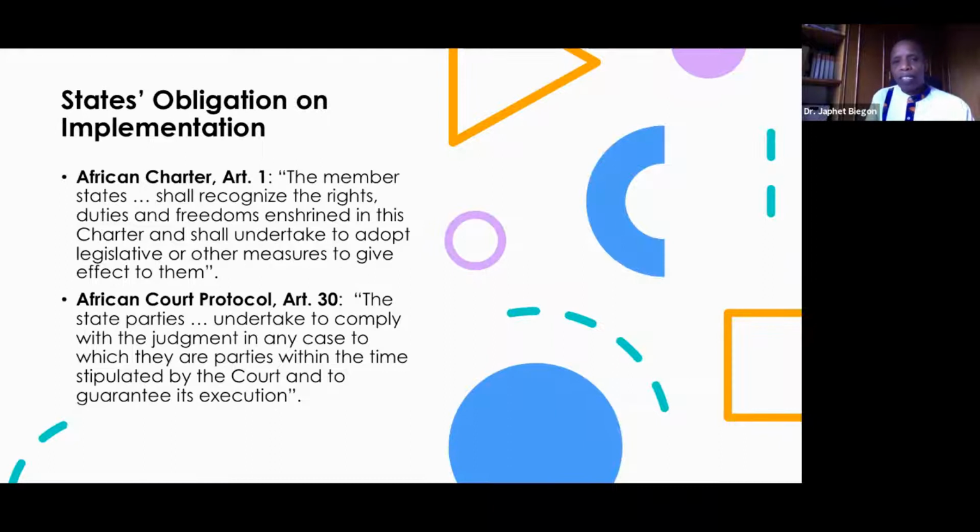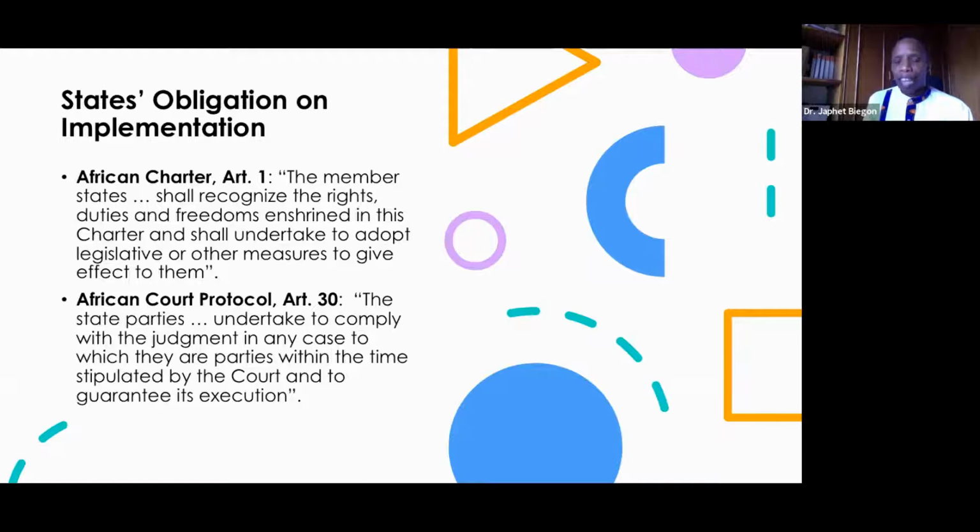In this context, we have to go back to the founding treaties that established the Commission and the Court. There has been a long discussion that continues, and maybe an answer may not finally be reached, because there is going to be debate about this. But states have always argued that because the decisions of the African Commission are recommendations, they are not binding on them, and therefore they are not bound to implement those decisions in practice.